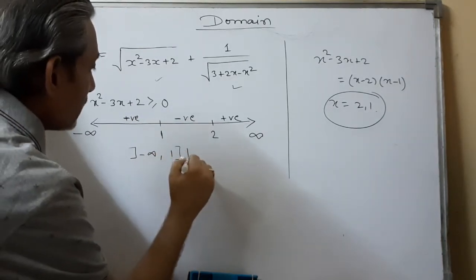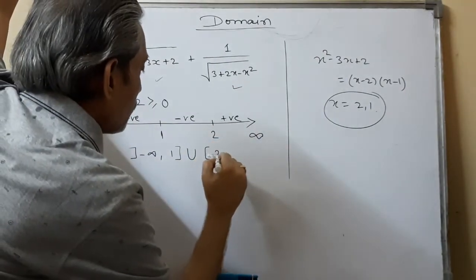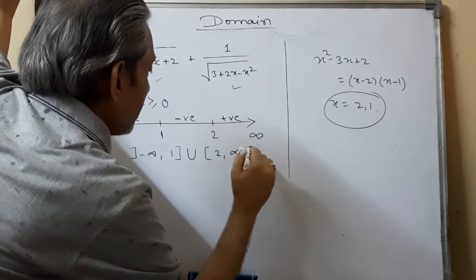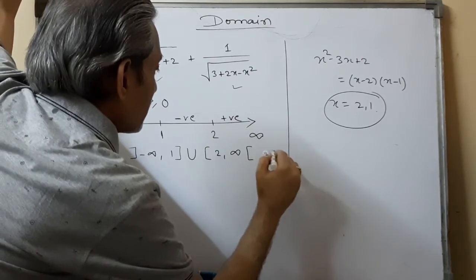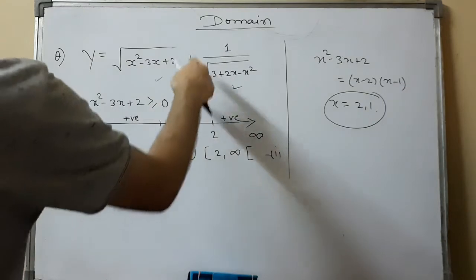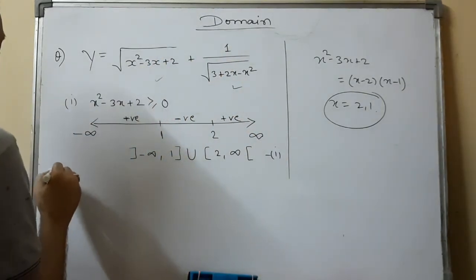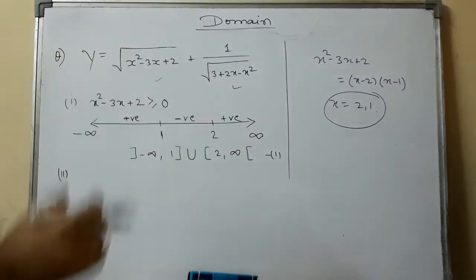This union from 2 to infinity. This is the first thing. Now we have defined this. Now I am going to define this. Then we will take the common values of these two.